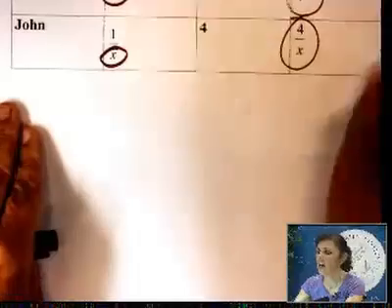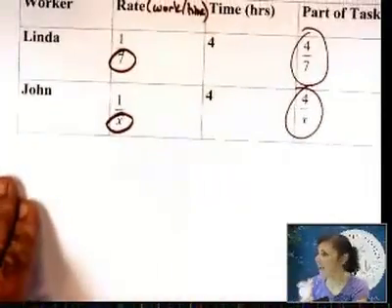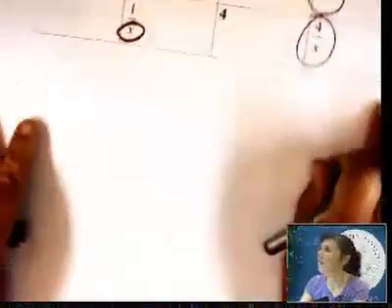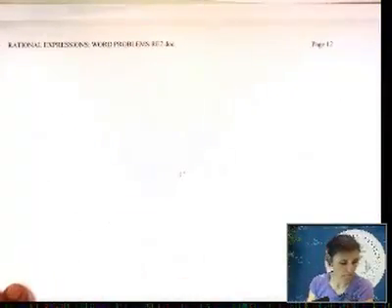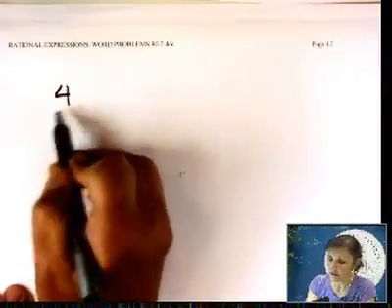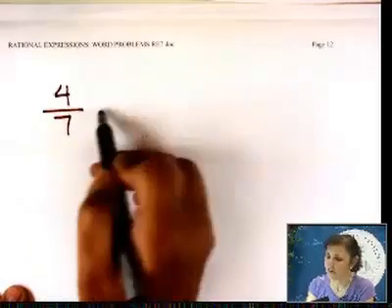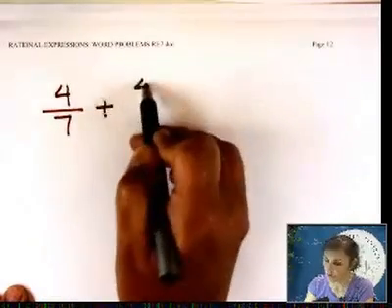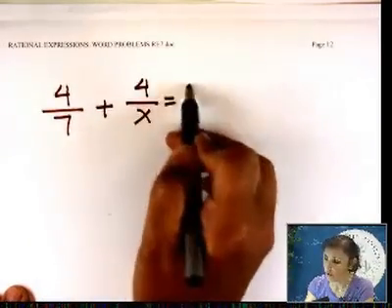So what does that mean? The task itself has to be 1 task, right? Cleaning the house. So Linda's portion plus John's portion has to equal 1 task.